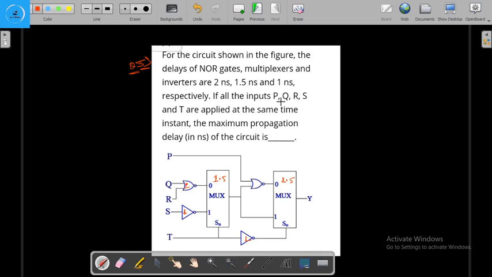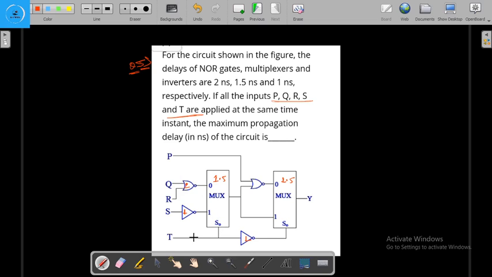Now if all of P, Q, R, S and T, this T is our selective signal, are applied at the same time, then the maximum propagation delay in nanosecond of the circuit will be, so it's demanding the maximum propagation delay, and it's given the delay of all the circuit.